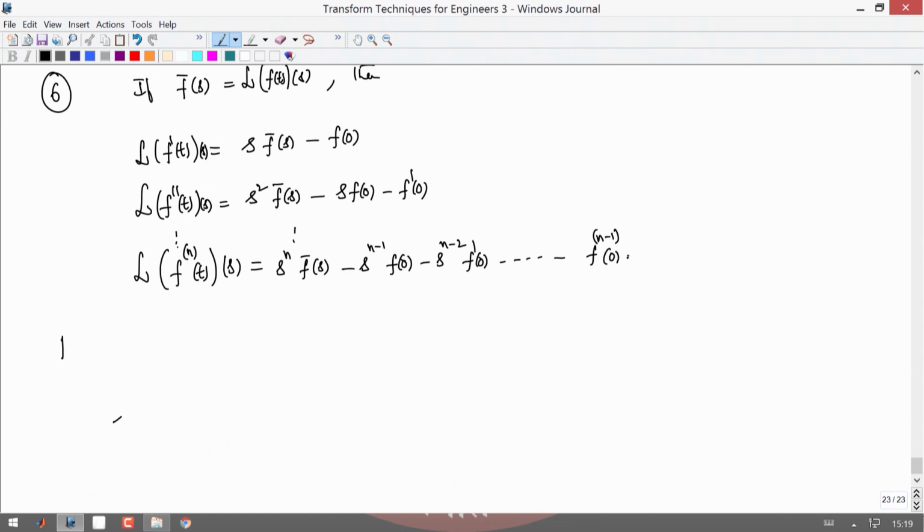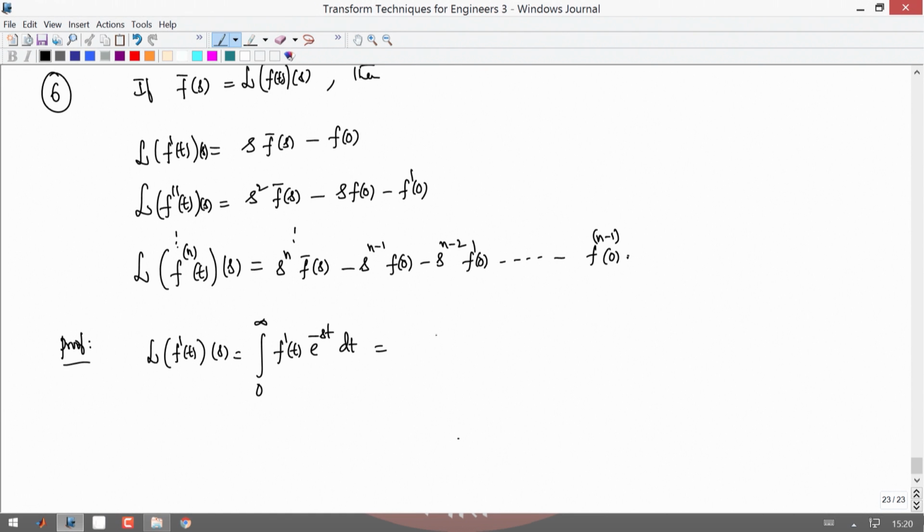So you can easily see this just by integration by parts. The Laplace transform of f dash of t as a function of s is, by definition, the integral of f dash of t e power minus st dt.